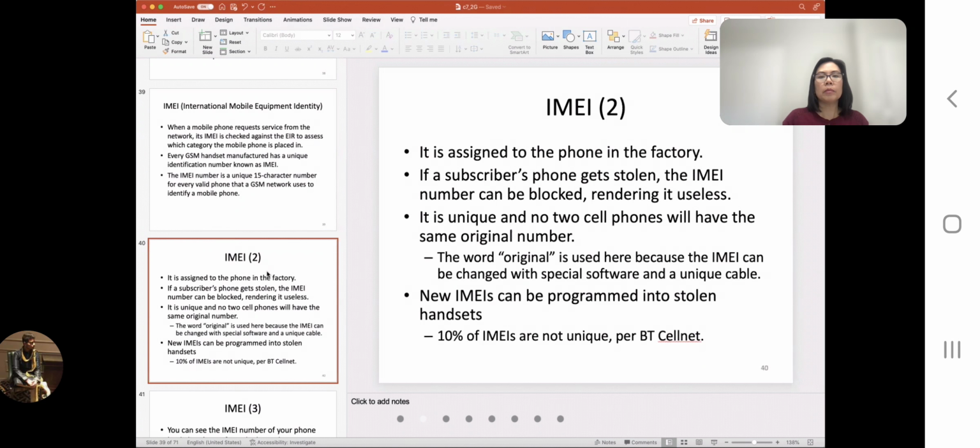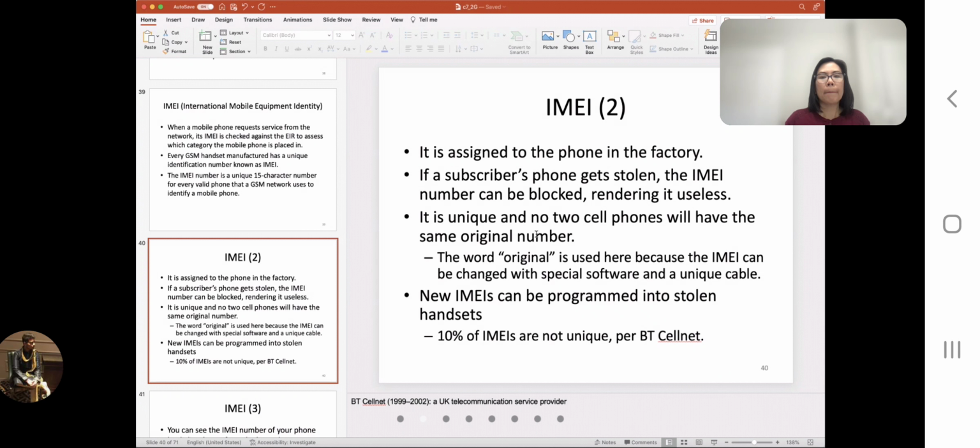The IMEI numbers are assigned in the factory. And if a user's phone gets stolen, then he or she can tell the carrier, and the carrier would block that phone using the IMEI, making it useless in that network.